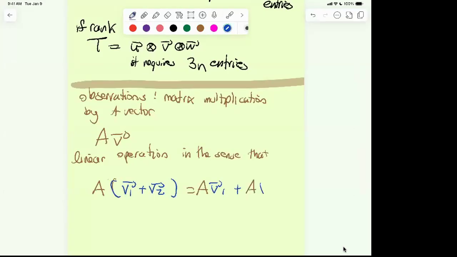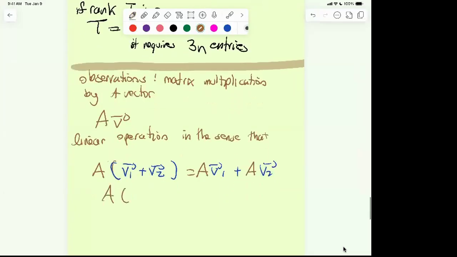And also it pulls out scalars nicely. So if you rescale the vector by a scalar, you can still take it out.